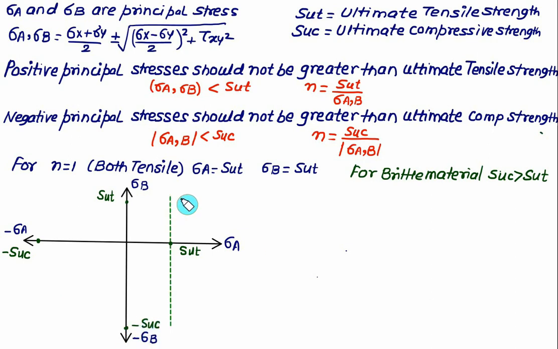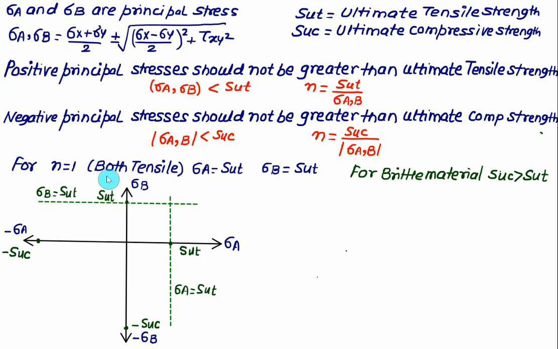So this vertical line represents sigma A equal to SUT. And if the second principal stress is also positive, then you have to take it as SUT. So you have to draw one horizontal line which represents sigma B equal to SUT. This dotted line represents sigma B equal to SUT.